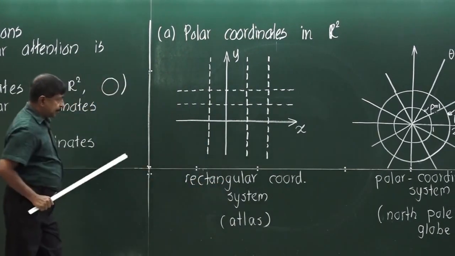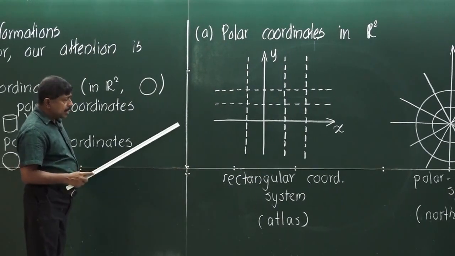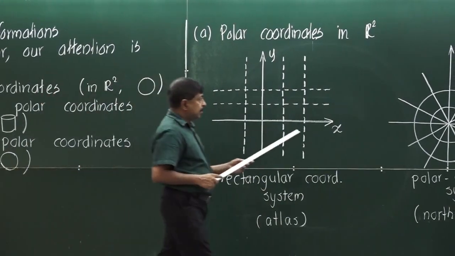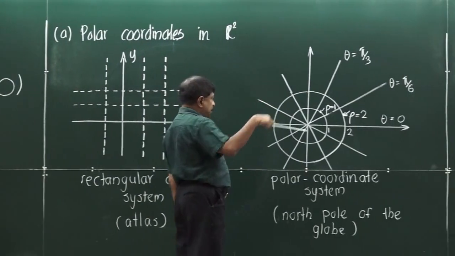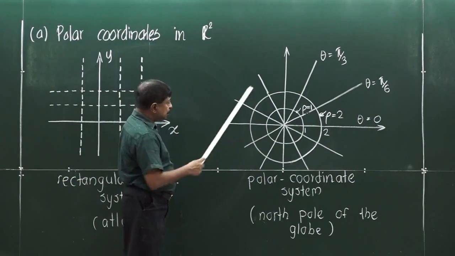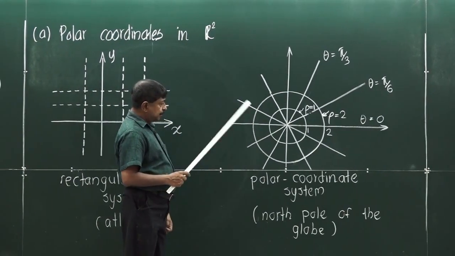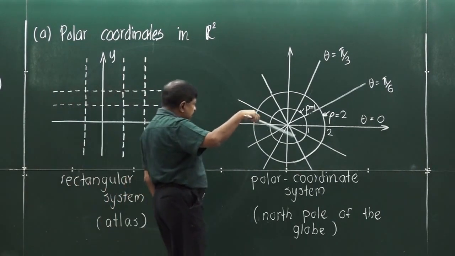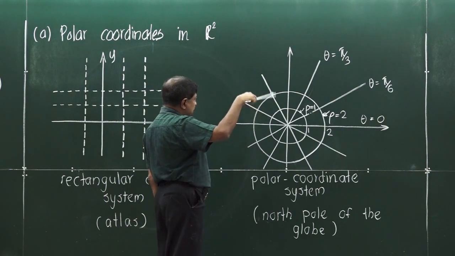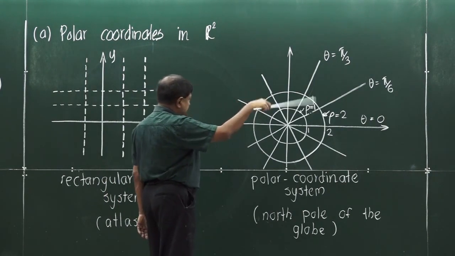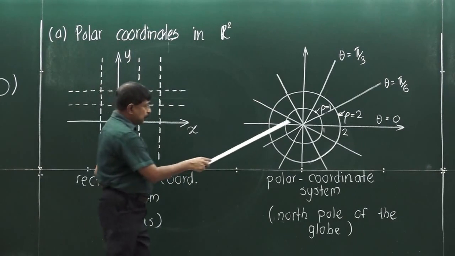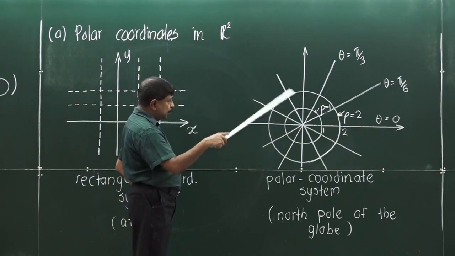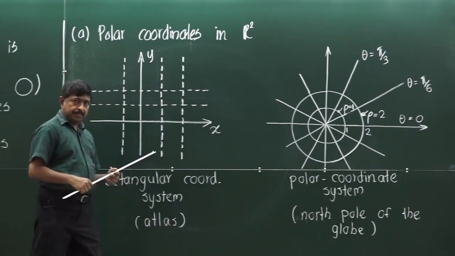On the other hand, if you consider a globe and look at it from the top, the north pole looks like this. This is the polar coordinate system, because this looks like the north pole. The longitudes and latitudes look like this. Therefore, this system is called polar coordinates.